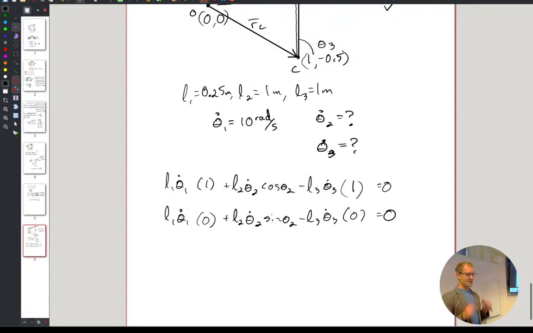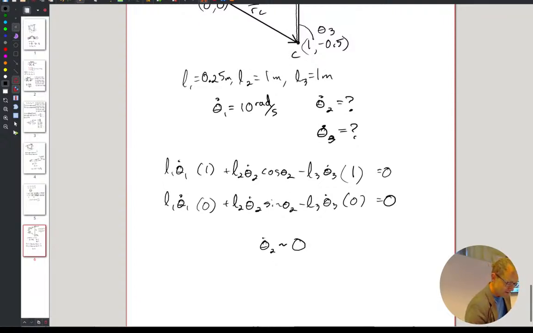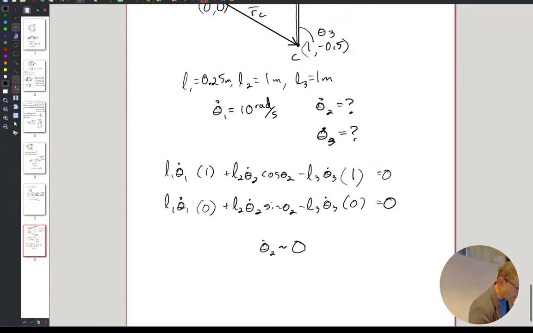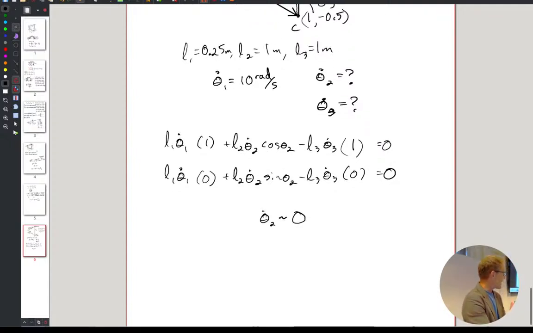What does that tell me about theta 2 dot? It's got to be pretty close to 0, right? As we were looking at before, it's not exactly 90 degrees, but it's pretty darn close. So this theta 2 dot should be pretty close to 0. That makes this system of equations a little easier to solve, because now we get that ratio you were talking about earlier.